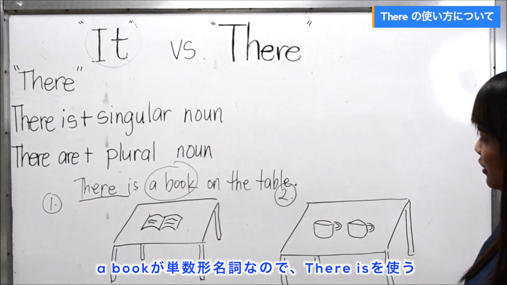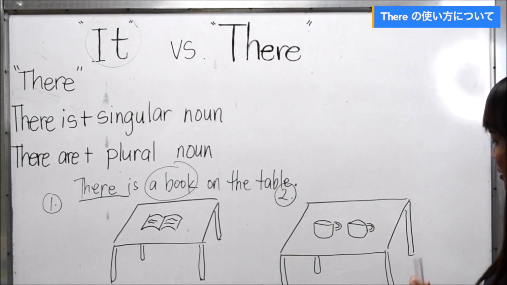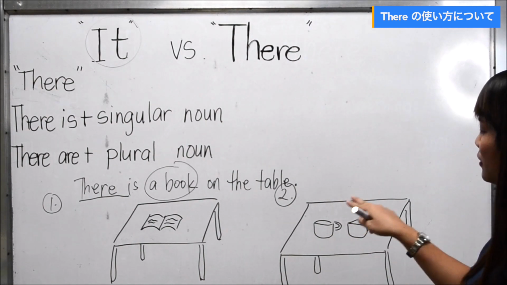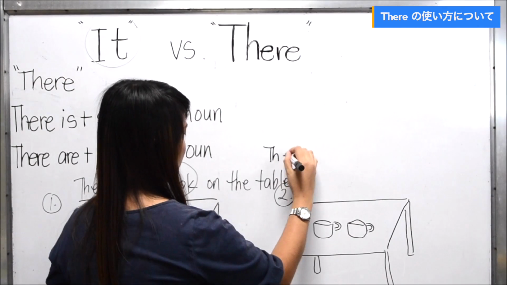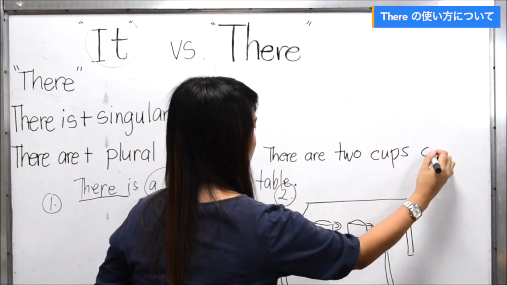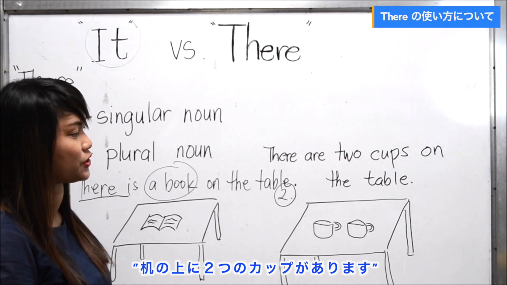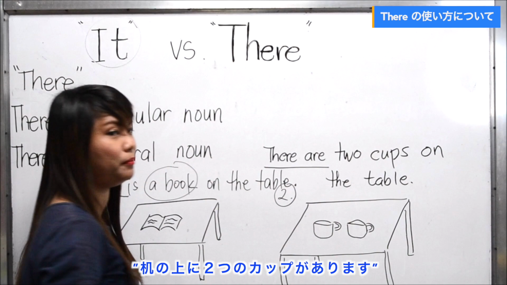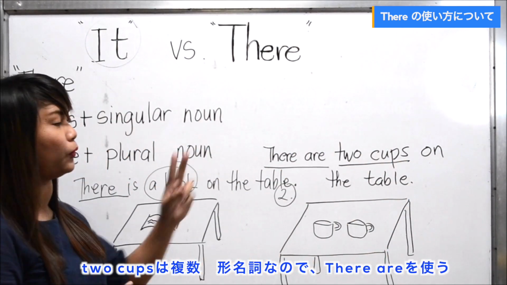And moving on, let's check picture number 2. You can see a table and 2 cups on it, right? There are 2 cups on the table. So I use "there are" because our noun is plural.